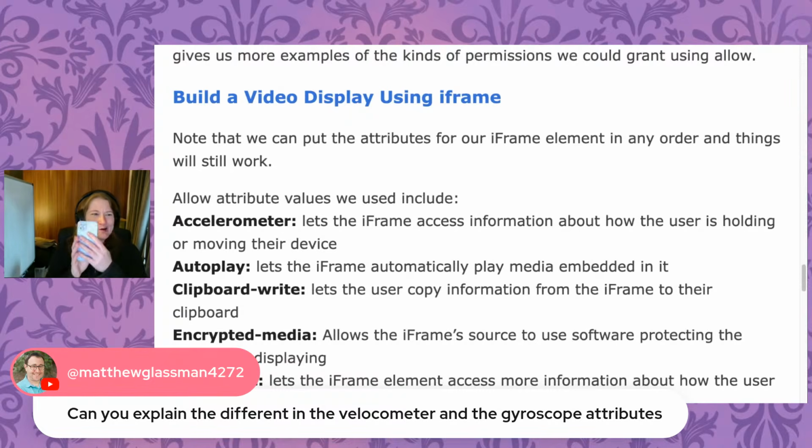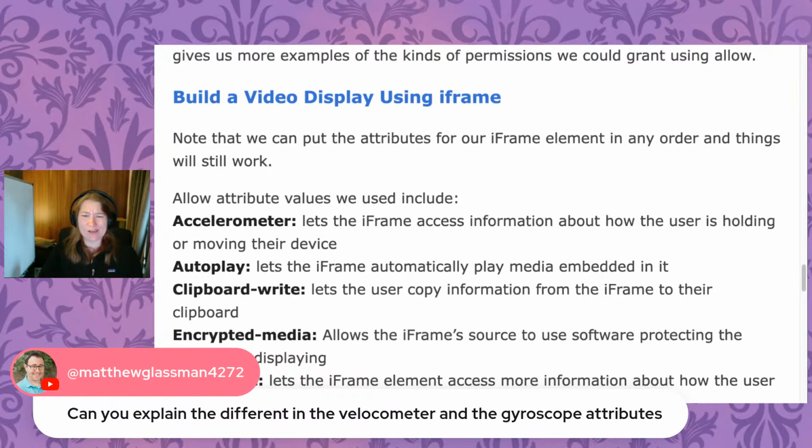So, you know how if you've got a modern phone and you tip it to the side, if you're looking at a web browser, or it's not a modern phone, it's a very, very old iPhone, your content will also often change directions based on how you flip your phone.